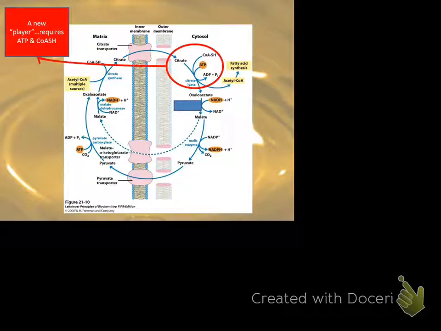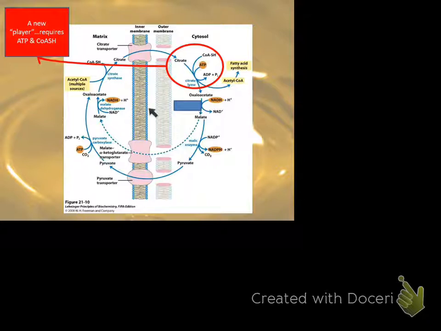I've already given you the answer. It's citrate lyase, and it's the one that requires an ATP and coenzyme A. So it's going to utilize a coenzyme A that's in the cytosol. And effectively now we have an acetyl-CoA out here, which can go on for fatty acid synthesis if we need it, which presumably we do since we're shipping it out.